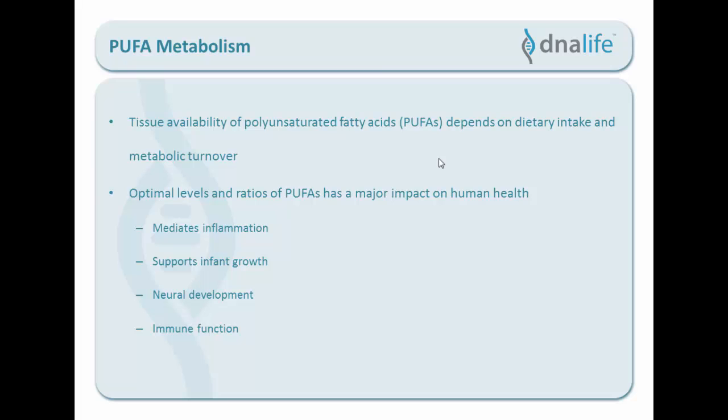It's very important to note that optimal levels and ratios of your different polyunsaturated fatty acids have a major impact on human health, as it influences or mediates inflammation. It supports infant growth and brain and neural development, as well as having a very important role to play in immune function. And so this is a very interesting section that we have added.